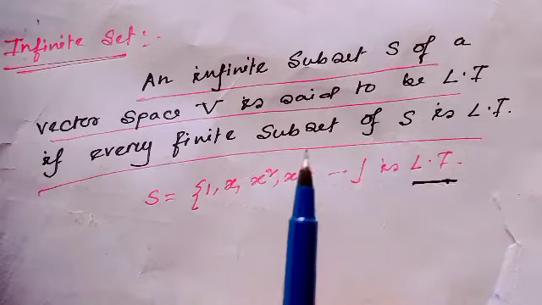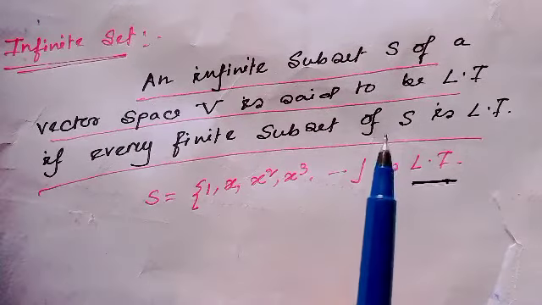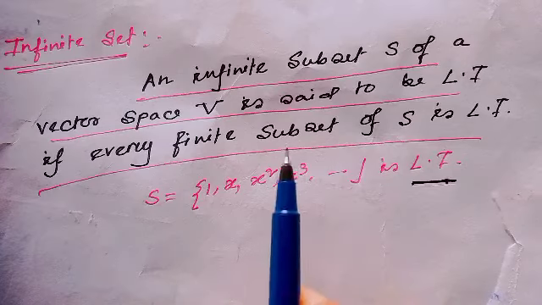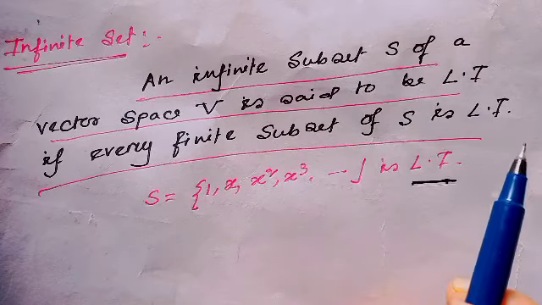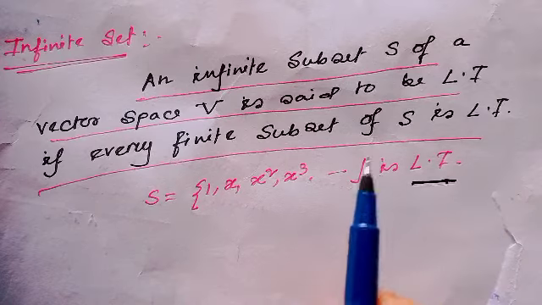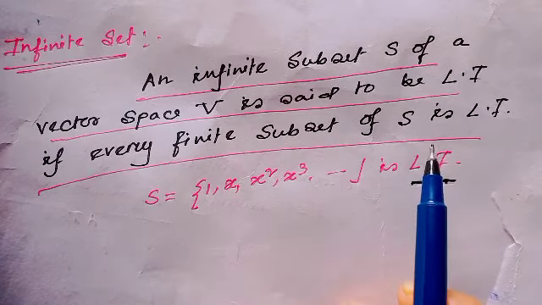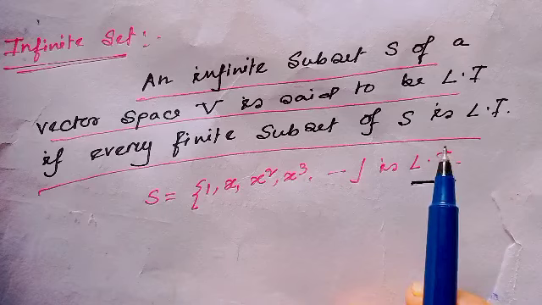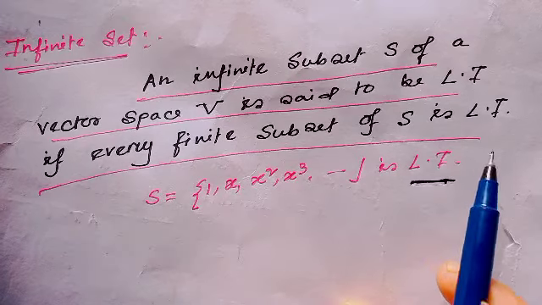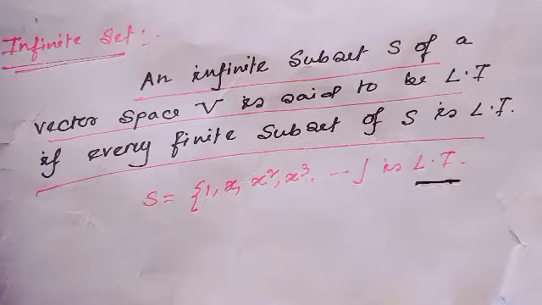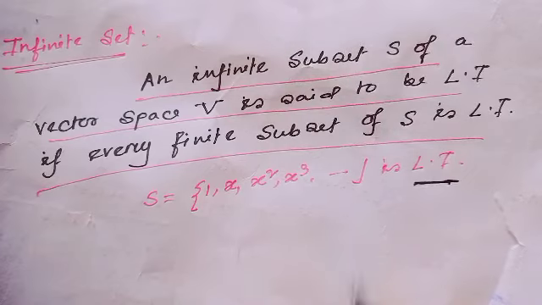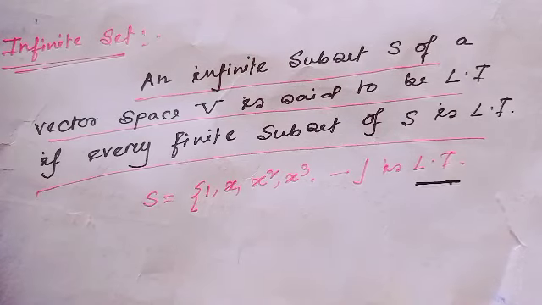An infinite set S of a vector space V is said to be linearly independent if every finite subset of S is linearly independent. That means an infinite set will be linearly independent when every finite subset of it is obviously linearly independent.